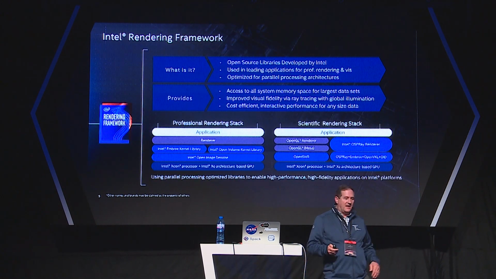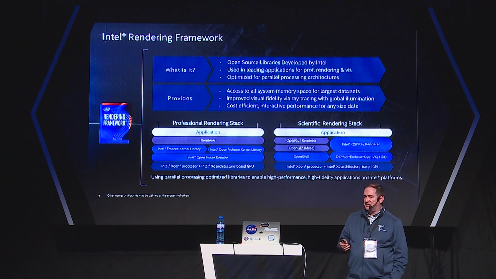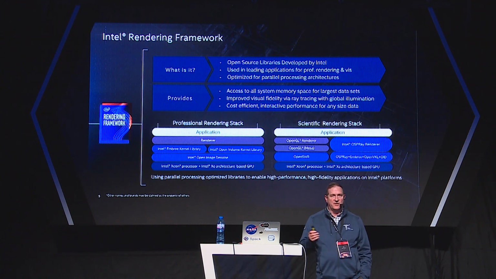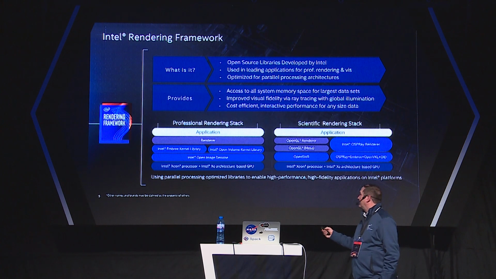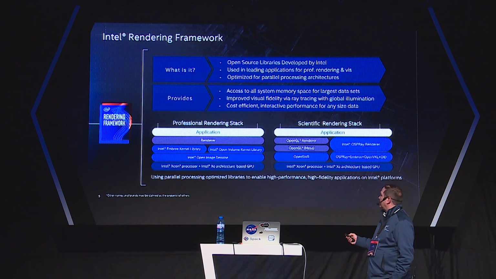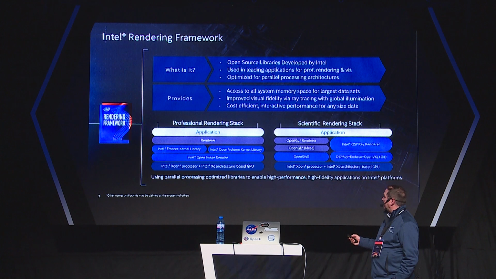This is kind of how, from a coder level, you would consider the two major implementations that we've seen in the marketplace. So you have, again, this would be V-Ray and Corona over to the left, what we call the professional rendering stack. You've got your application.